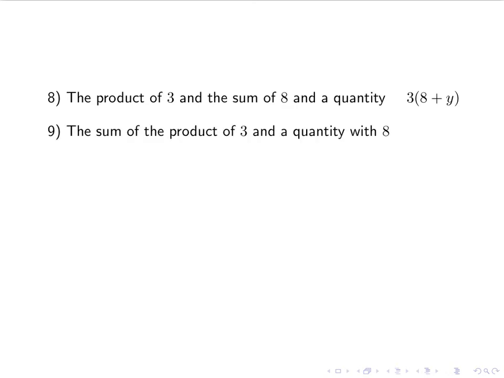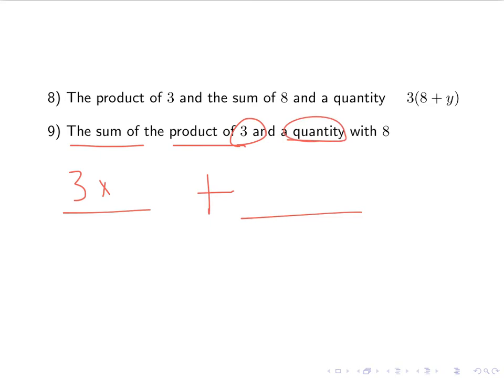The sum of the product of 3 and a quantity with 8. So now I've switched the order of the words. So this is the sum of, so something plus something. What am I taking the sum of? I'm taking the sum of the product of, so something times something, 3 and a quantity. Or now I'll call it Q for quantity. So that's the product.